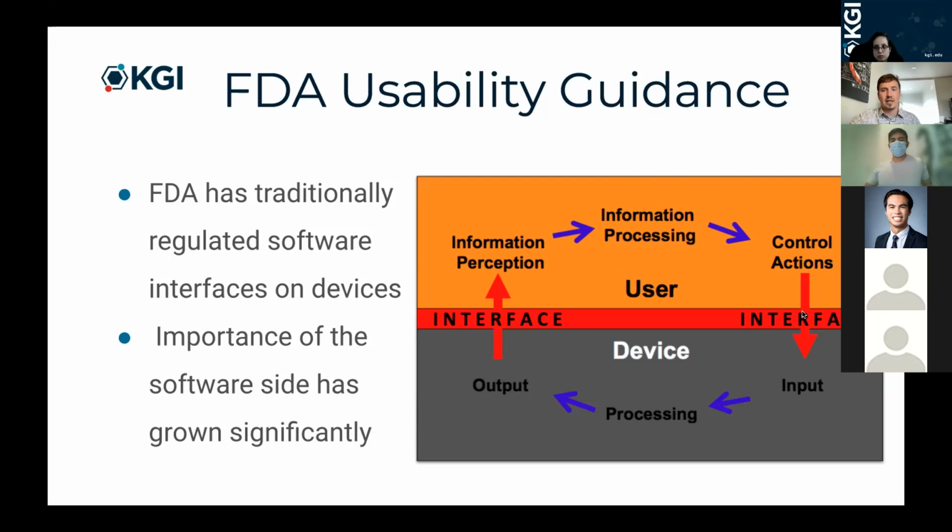That action needs to then go into the interface in the form of inputs that will then help the device process whatever it needs to process to fix the action, right? So heart rate goes up, that information is perceived by the user. The user will then put some inputs to say, hey, stabilize the patient, and then the device will do whatever it normally does to stabilize that patient, okay? So that's the essential interplay between device inputs and outputs and what the user does to control those inputs and outputs.